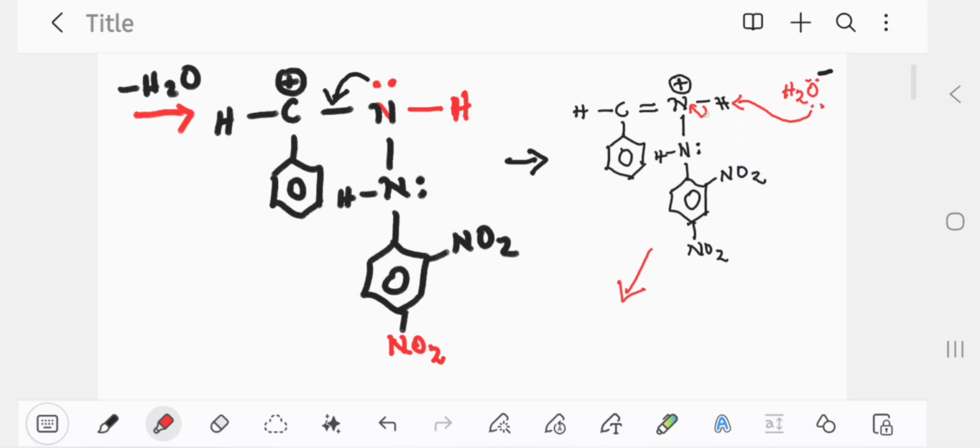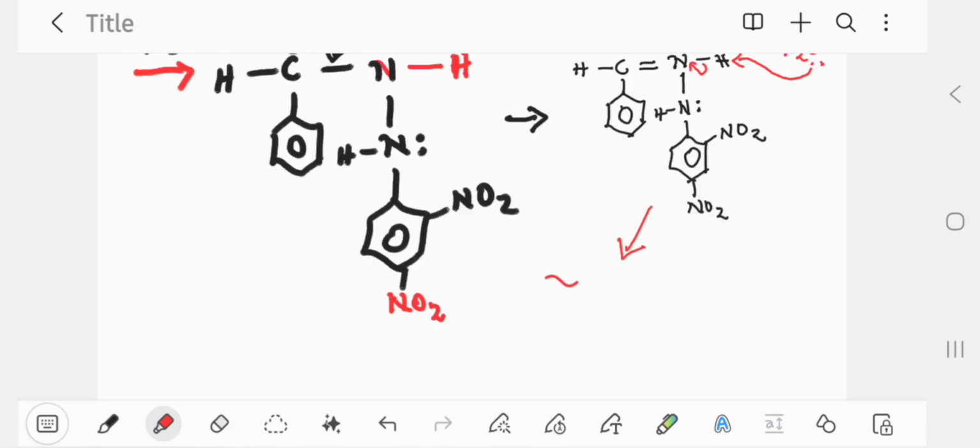I'm going to draw this again without the hydrogen, and we are going to have two non-bonding electrons on the nitrogen to balance. So we're going to have hydrogen, carbon with the ring, then with the double bond, nitrogen. Remember the bonding electrons now, the one that we got from the hydrogen, right? So we have a single bond, then nitrogen with the non-bonding electrons on this one, then we have hydrogen here.